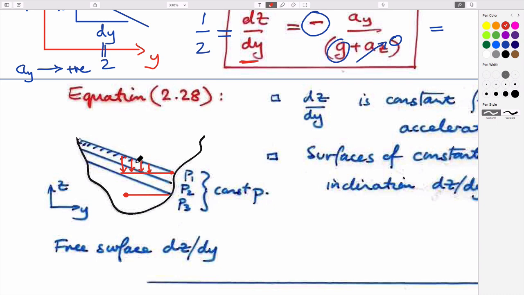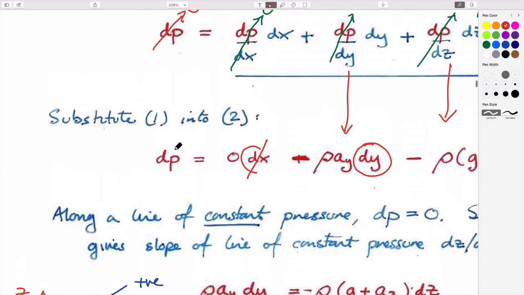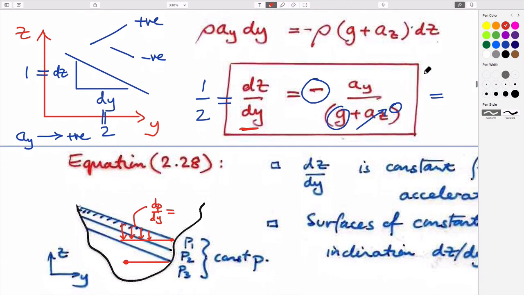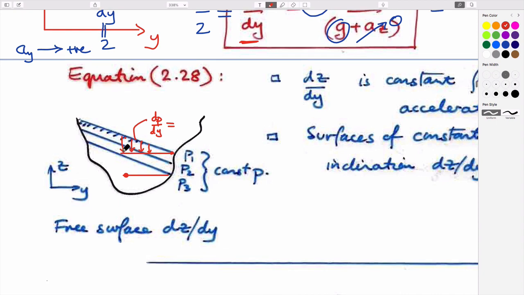And this would be basically dp/dy is equal to this expression here. So in other words, you can imagine what the fluid pressure is, and it's really just because you have this height of fluid that sits above you.